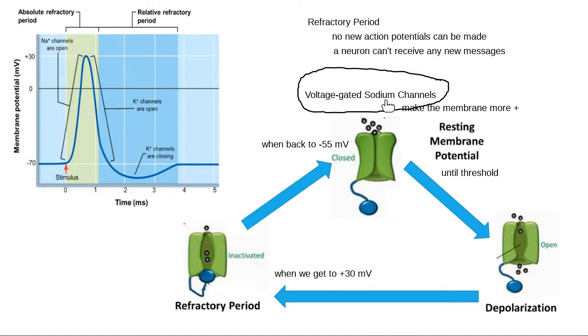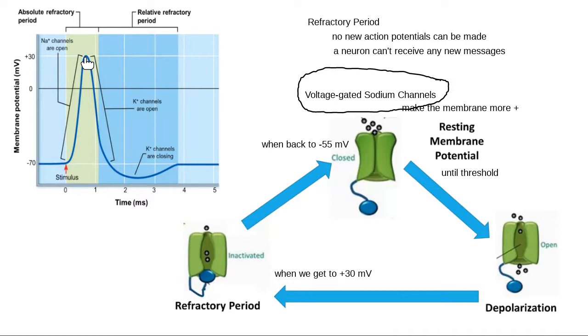First, a sodium channel has to open up. So when I reach threshold, or when I've received the stimulus, my Axon Hillock has made me more positive, I open up a voltage-gated sodium channel to help me send the action potential farther.